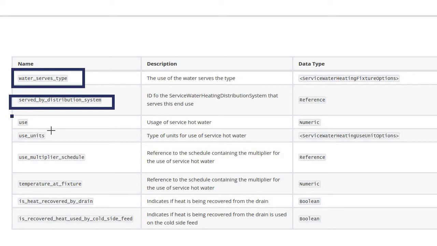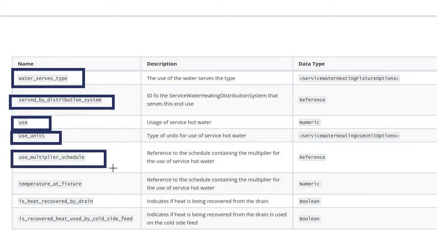The use is a total amount of use for that fixture. And because there are different types of units that can be used with that, there's an enumeration for the units as well. After that, a multiplier schedule for the use, and then the temperature at the fixture that's needed for that use.